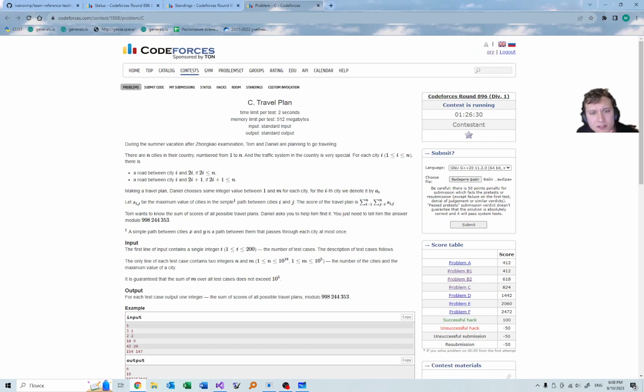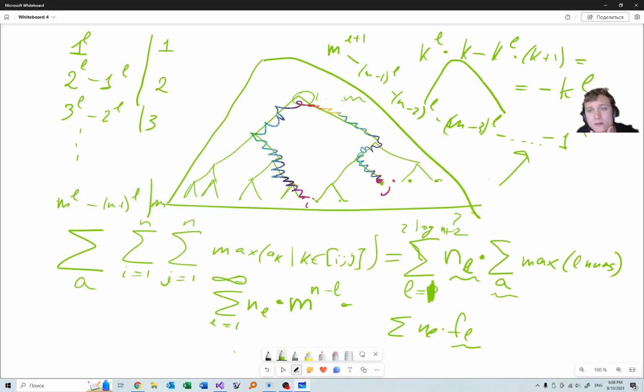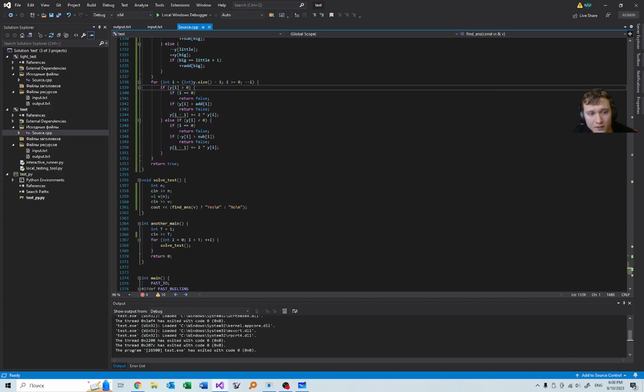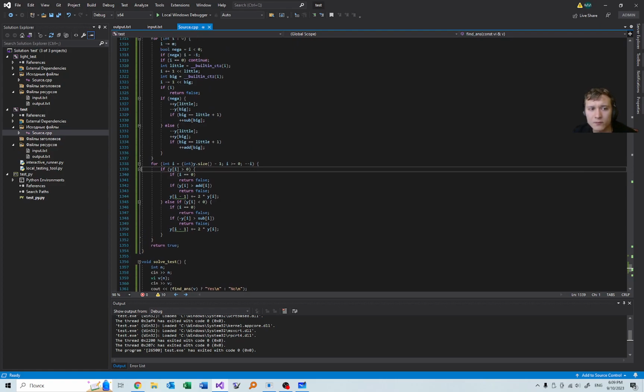Is M actually big? Yes, M is at most 10 to the 5. It's nice that M is not big, because otherwise it would be miserable. So we calculate all these numbers. FL is easy to calculate. Let's just do it, and while we write, we will think. It's simply not that bad a problem.